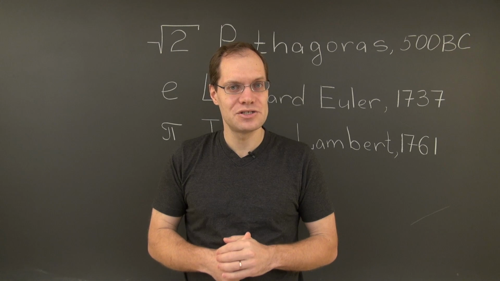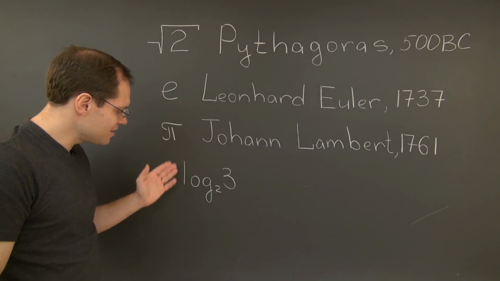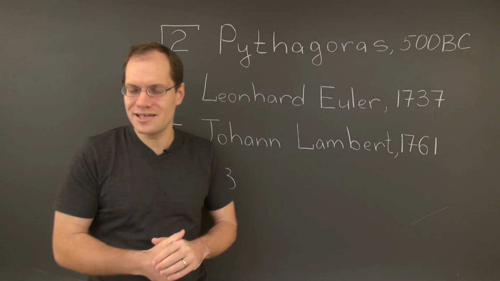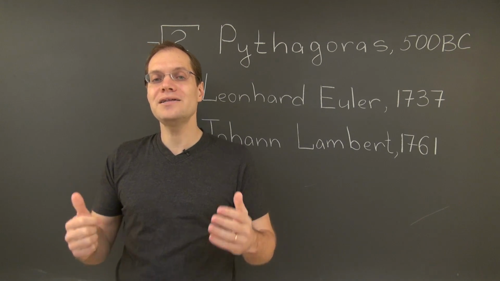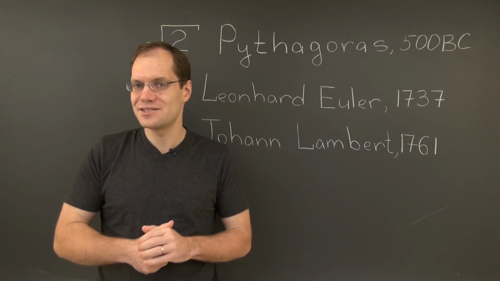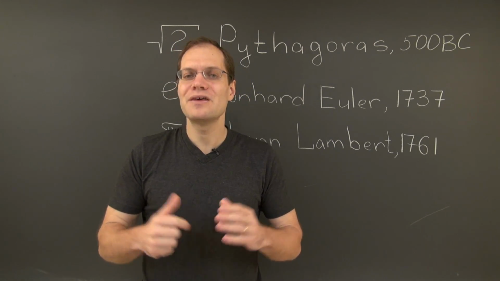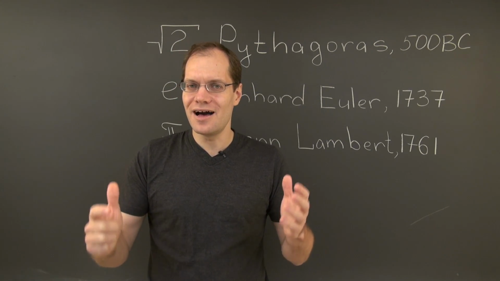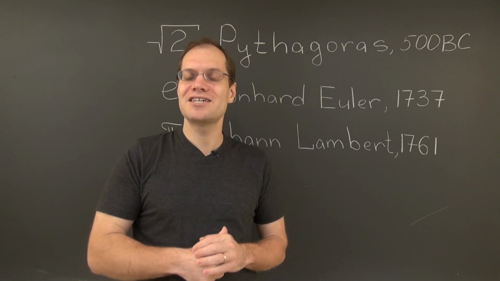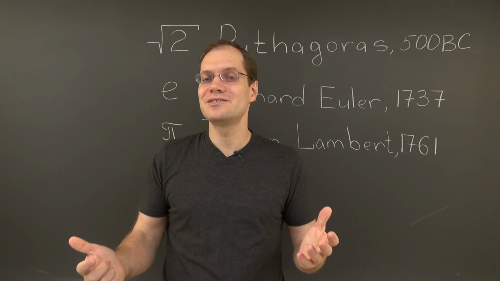So I have always assumed that because log base 2 of 3 is not obviously irrational, it would be quite difficult to prove that it's irrational. Well, actually the opposite is true. It's almost obvious that log base 2 of 3 is irrational. And that was a great surprise to me.